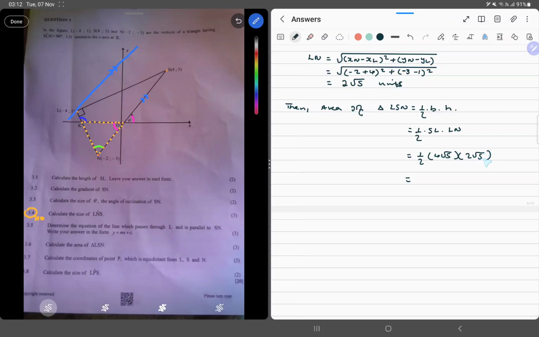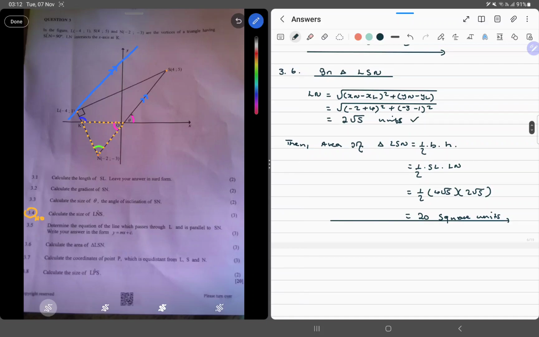Square root of 5 times square root of 5 is just 5. 4 times 5 is 20 square units. Okay, so that is the area of our triangle. So what is important is this calculation, the substitution, and the answer. 3 marks. Okay, nice question there.